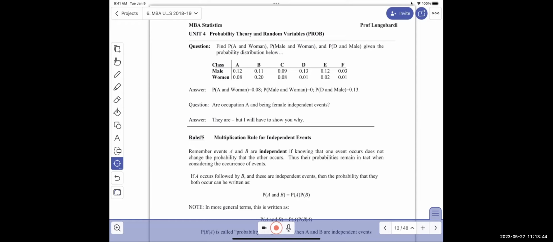So that's not necessarily independent, but it could be independent in other occupation classes. So let's see, how would we figure out if occupation A is independent with gender?